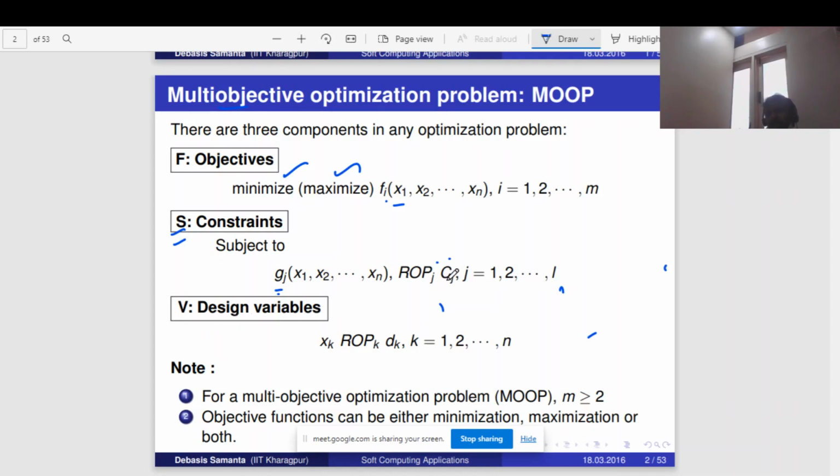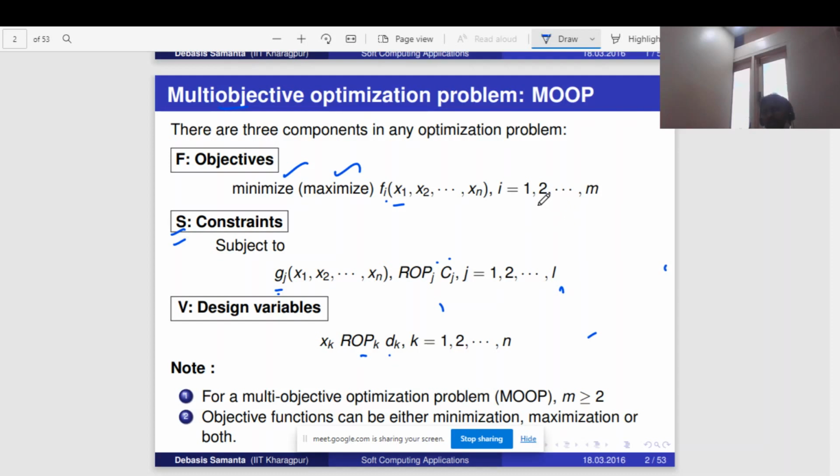So this is how the multi-objective optimization problem is defined. These design variables again work based on the relational operator. Normally we check xk, some relational operator, dk. So dk is a design variable. In single objective optimization also we say this.